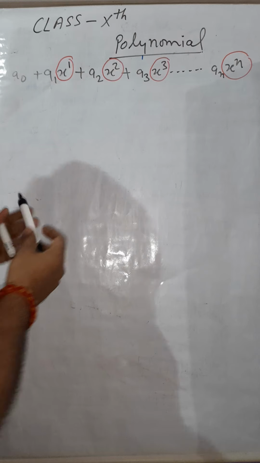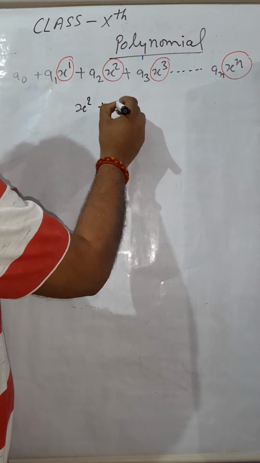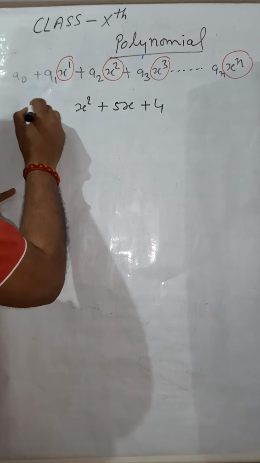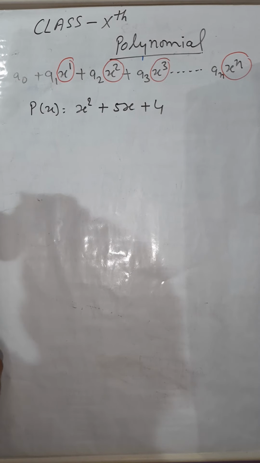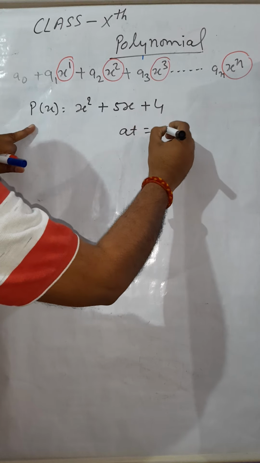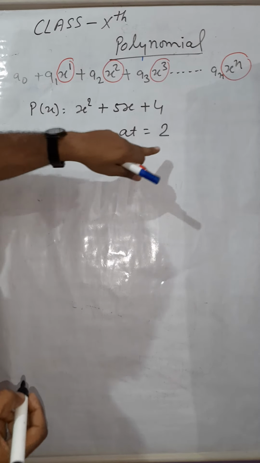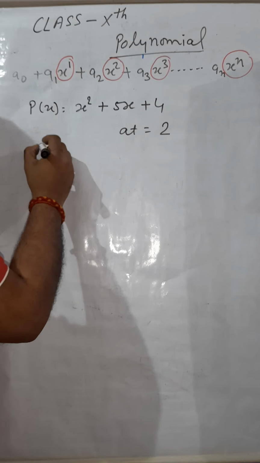Suppose a polynomial is x square plus 5x plus 4. What is the value of this polynomial at x is equal to 2?